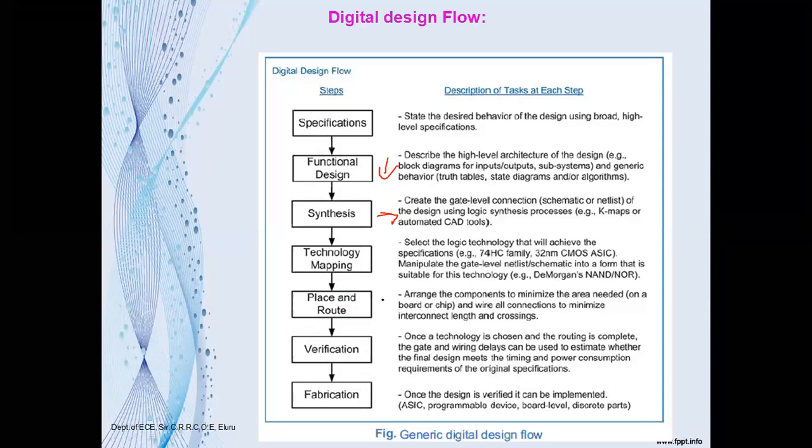Once placing and routing is done, which means the connections are done, we will verify the circuit. If the verification gives the proper expected values, then we will go for the fabrication. To understand this, we will see an example.